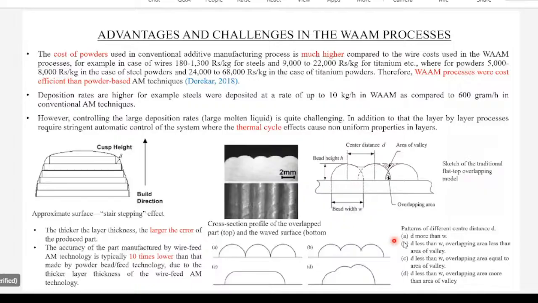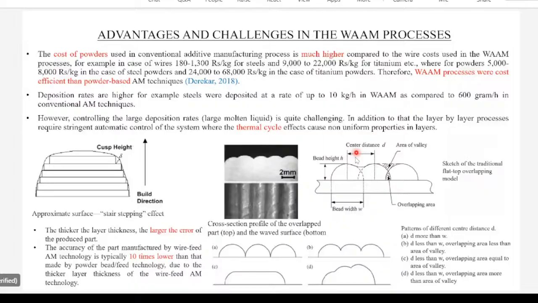The overlapping area is less than the area of valley. If the overlapping area is less, then also it is not good for the bead aesthetics or a multi-wall structure. So the optimum structure is point C. We can get C by controlling D. We have to make D less than W. So the center distance should be less than W.